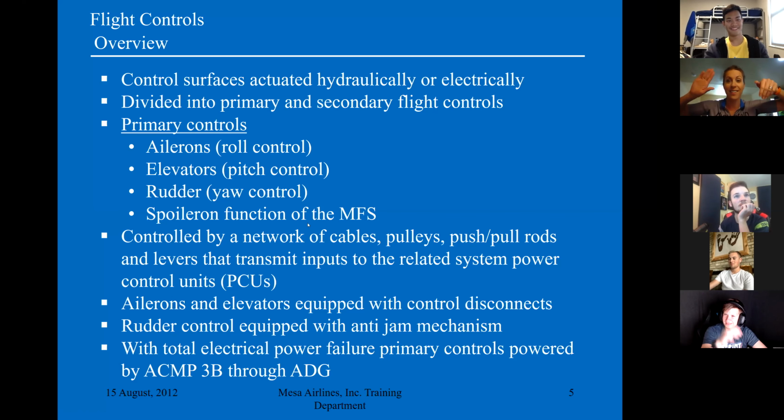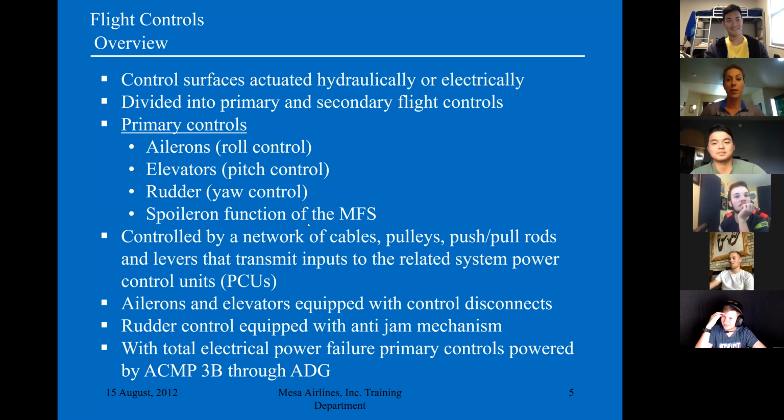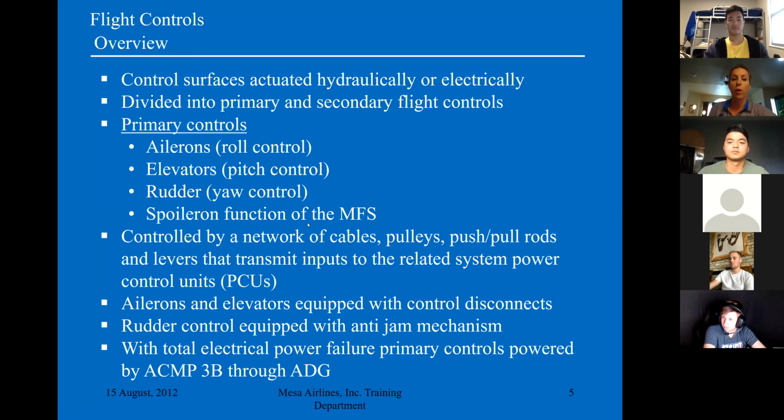Opposite each other. Okay. All right, what about spoilers? How do they move? Spoilers both go up. They don't go down because they're on the top of the wing. Spoilers exist to spoil lift, and therefore the spoileron function of the multifunction spoilers, if you wanted to be spoilers, they both go up, right?